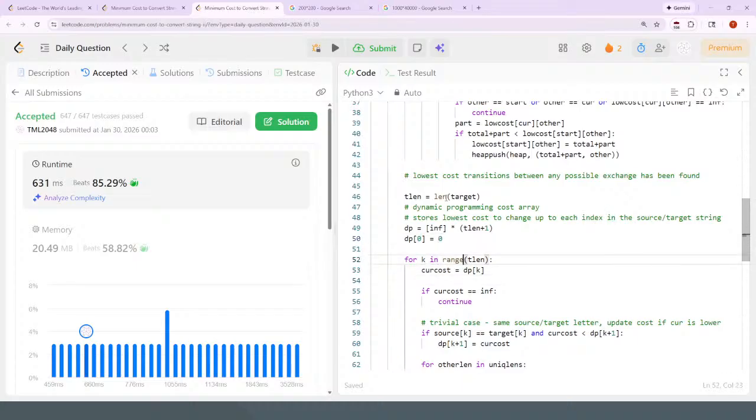And then for every index that you want to change from source index to target index, get the current cost. If it's infinity, then that means somehow you haven't gotten to this point with some exchanges, so skip it.